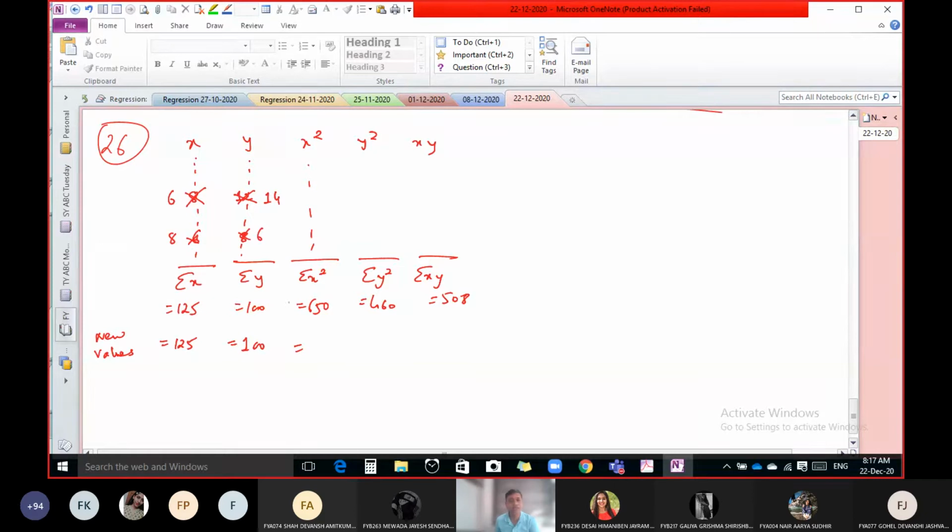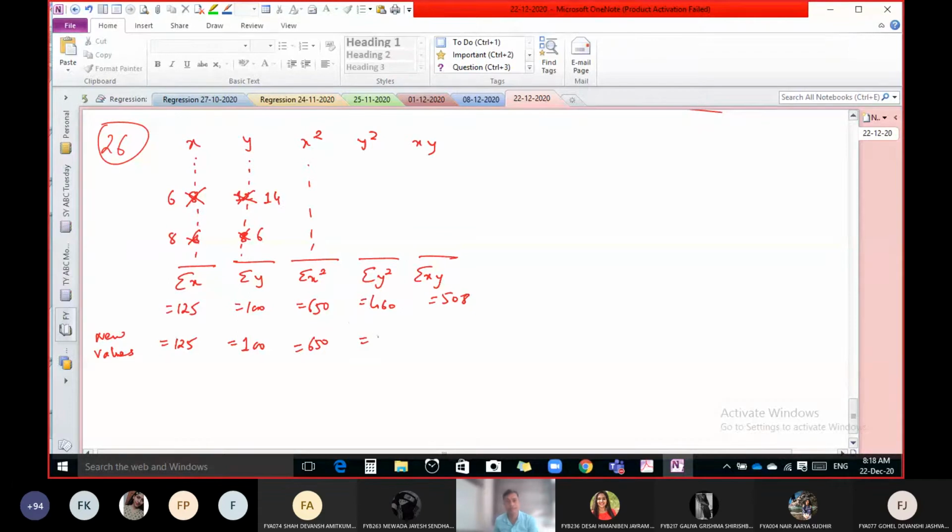It's also the same, sir. The reason is 8 and 6, if we take the squares, we get 64 and 36, and here we get 36 and 64, and the total remains the same.